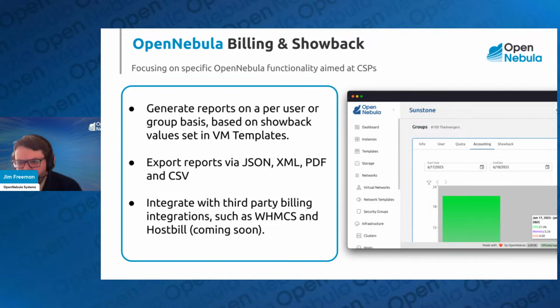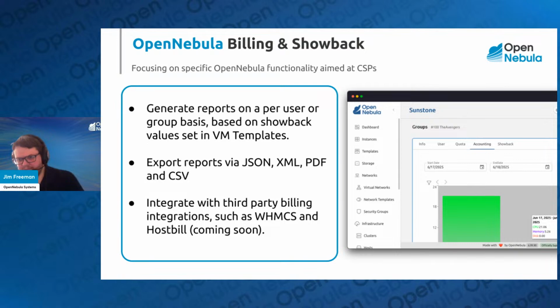But we also integrate with some third-party platforms as well. So it's very popular in the CSP industry, platforms like WHMCS and an integration with HostBill that's coming very soon. And these obviously use our API to gather the information from OpenNebula, and these platforms would do what's known as the chargeback, which is the invoicing, the swiping of credit cards, and things like that.